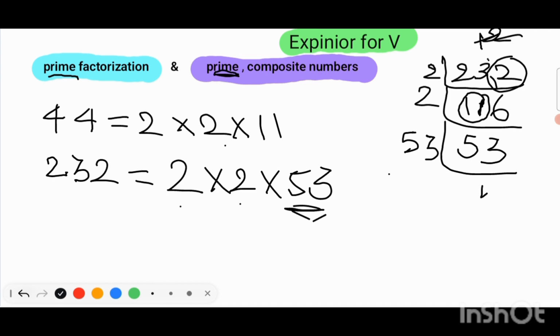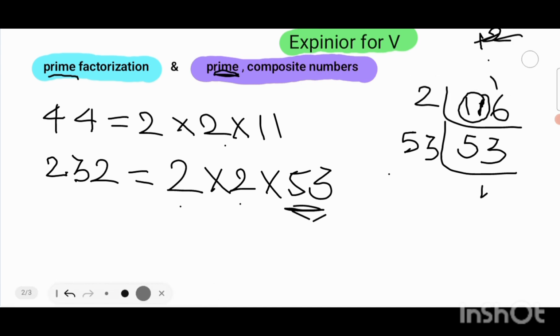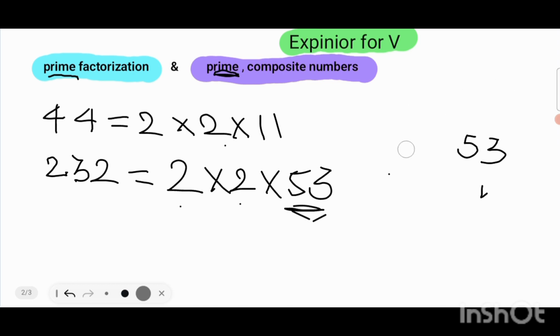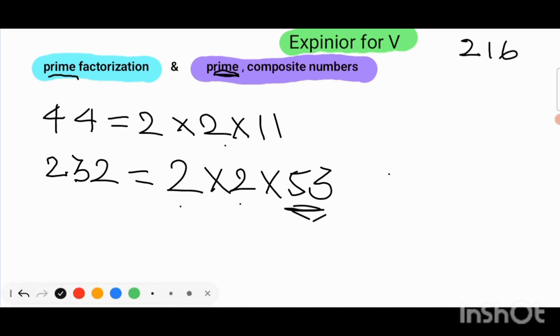So when you have numbers like this, you have to do it this way. And one more: 216. Now, 2 1s are 2. 1 is less than 2, so you cannot do anything here.